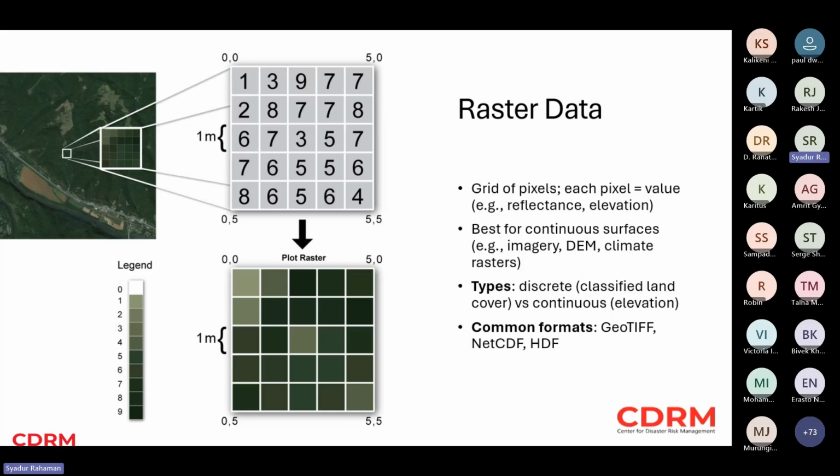It is a grid of pixels, where each pixel has a value and location reference. When you zoom into an image, you see rectangular shapes, and each rectangular shape represents a specific value and also stores the location value.